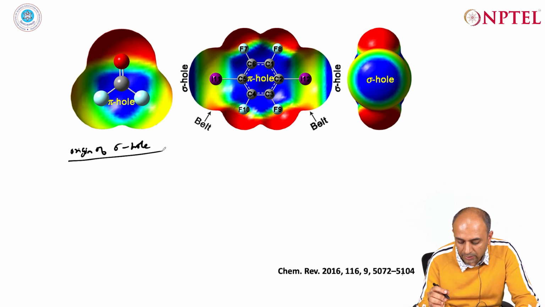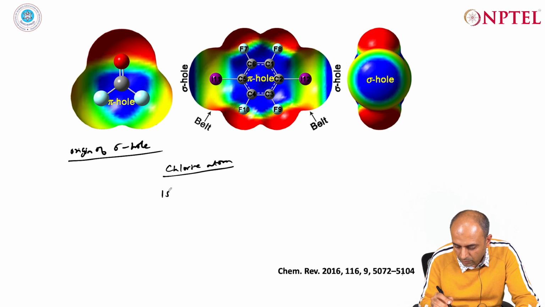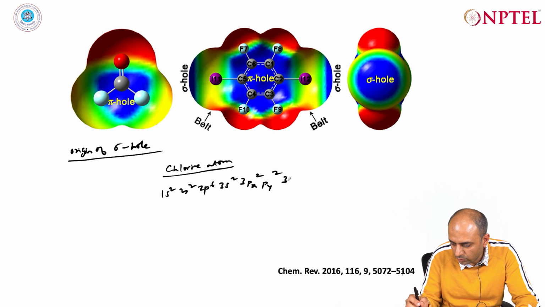So, to start with, let us consider a chlorine atom. Chlorine has got 1s2, 2s2, 2p6, 3s2, 3px2, 3py2, 3pz1. This is the electronic configuration of chlorine.